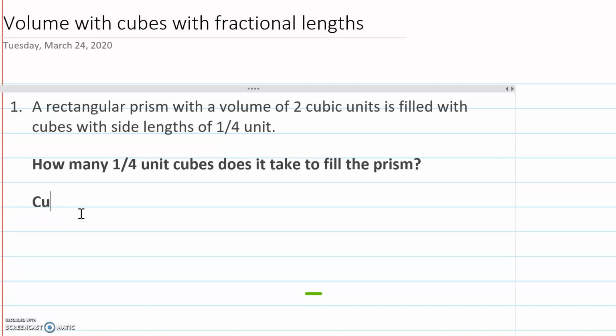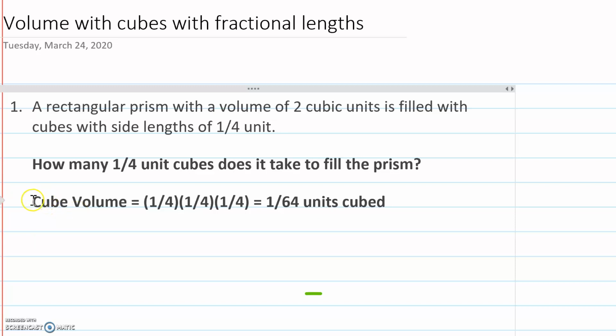So for the cube, it's going to be the 1/4 unit side length times itself 3 times, because the length, width, and height will all be the same, which ends up being 1/64 units cubed, or cubic units.